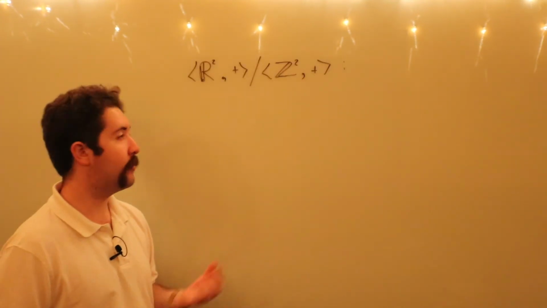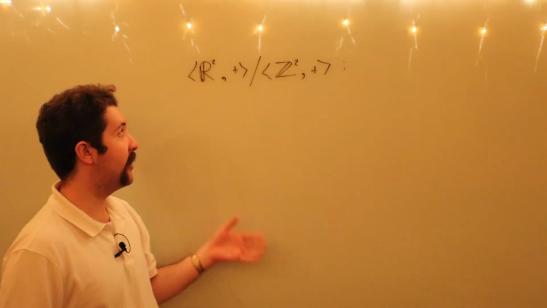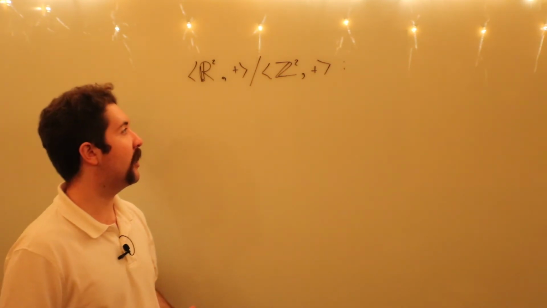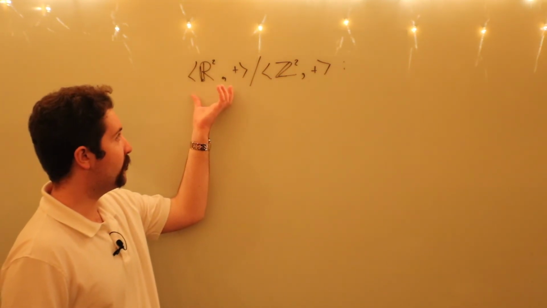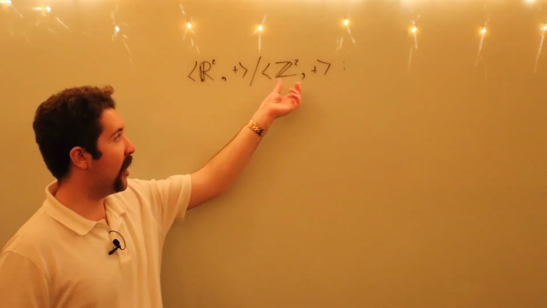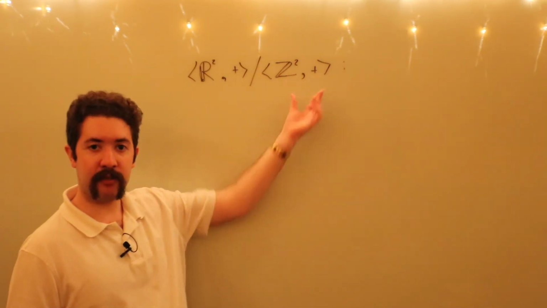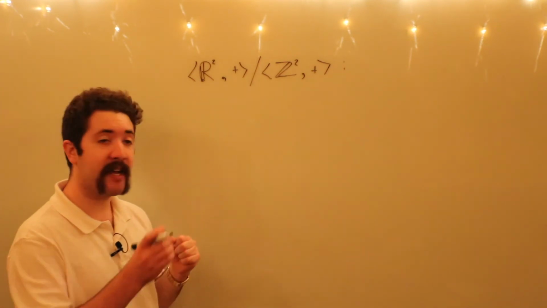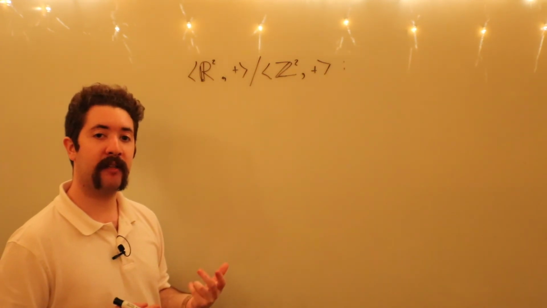So next example, the plane considered as additive vectors, if you like, or just coordinate pairs, but only considered under addition, quotiented by the lattice Z2, right, which is going to consist of all the integral points on the plane, right?